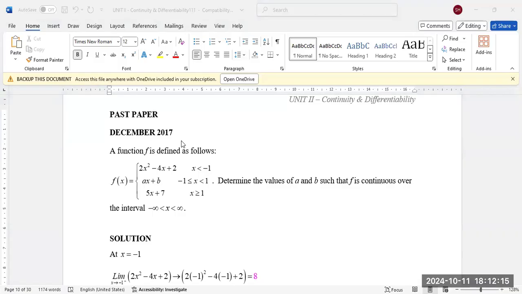So f of x is equal to, again, we have three functions: 2x squared minus 4x plus 2. This is what you're talking about. Yes, this we can do.